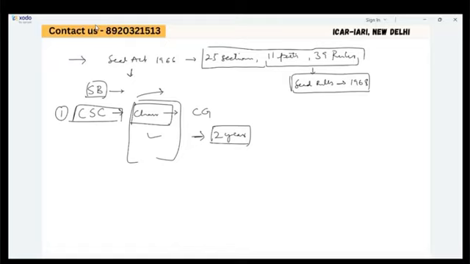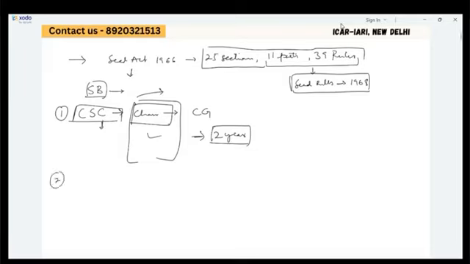Whatever the matter of seed, it has the power to give suggestions or advice. The head of this committee is the chairman, who is directly appointed by the central government.